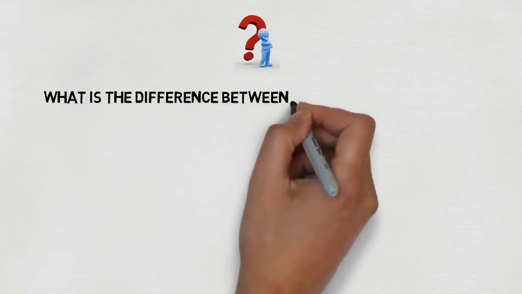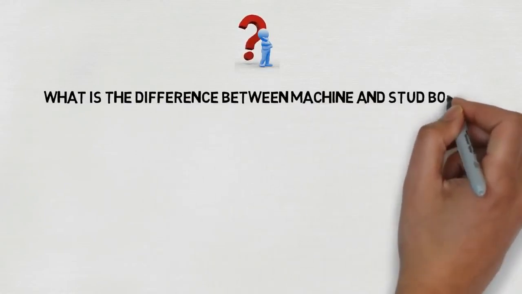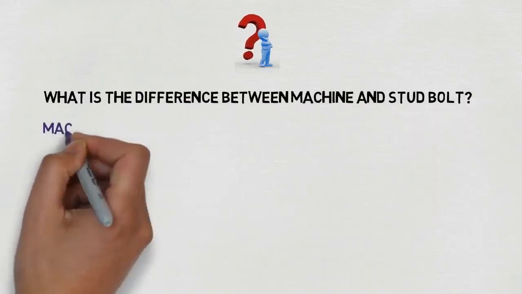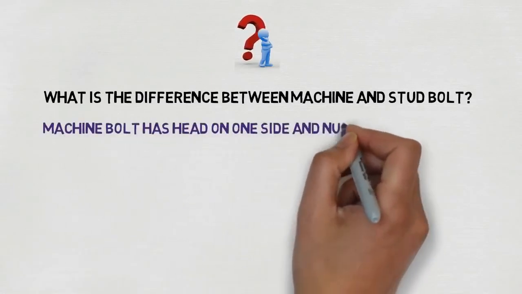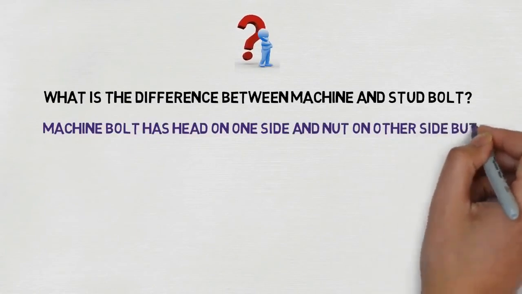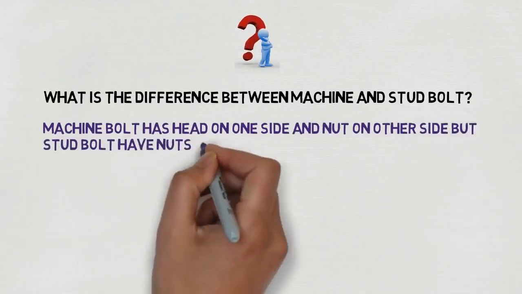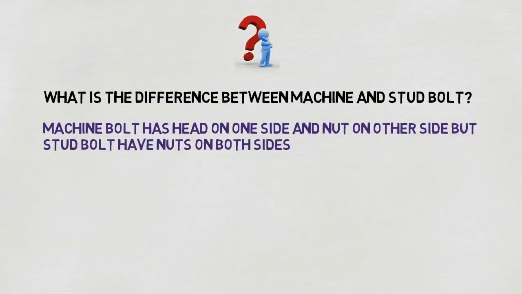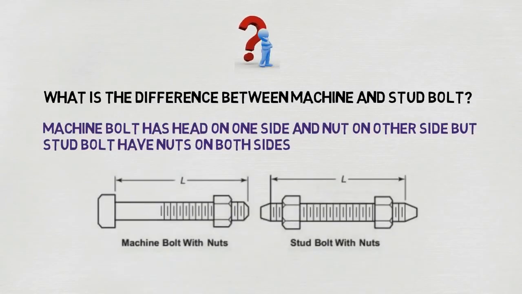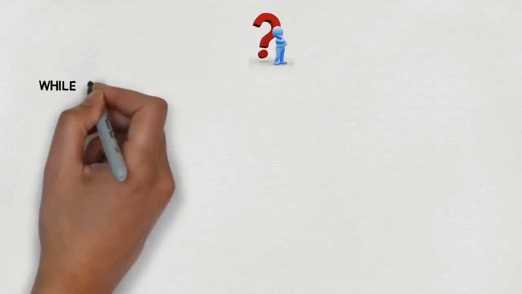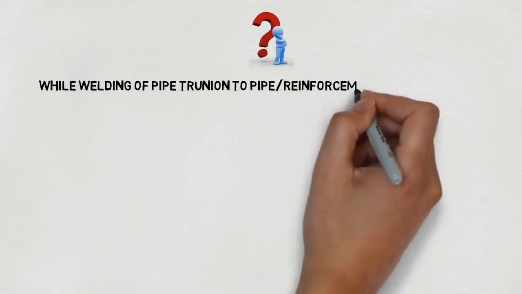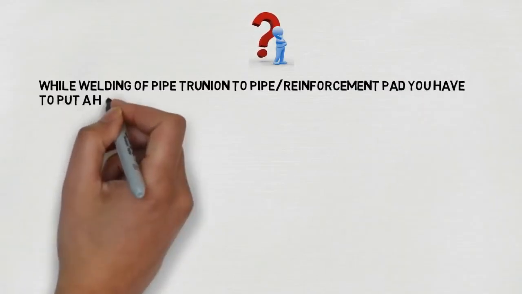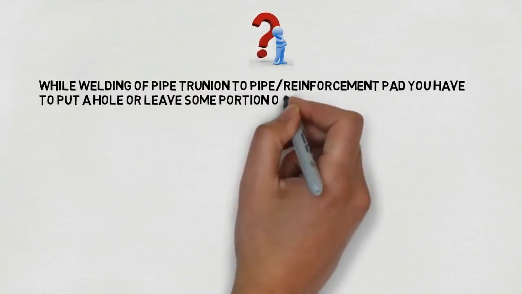What is the difference between machine bolt and stud bolt? Machine bolt has a head on one side and a nut on the other side, but stud bolt has nuts on both sides. While welding pipe trunnion to pipe reinforcement pad, you have to put a hole or leave some portion of welding.